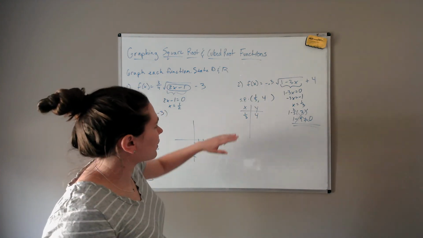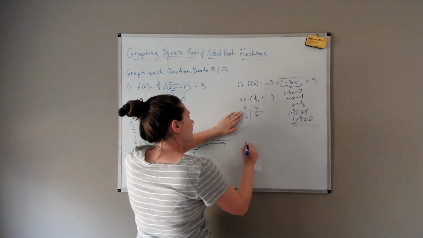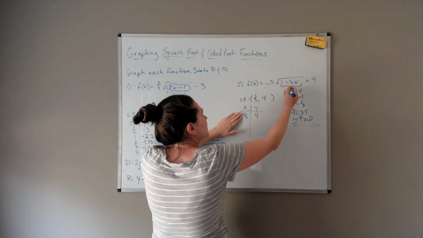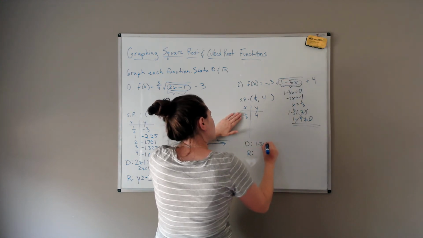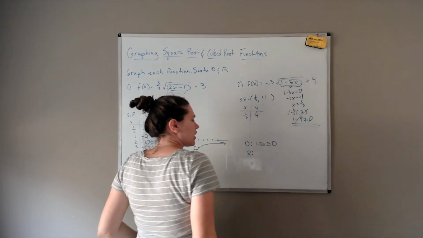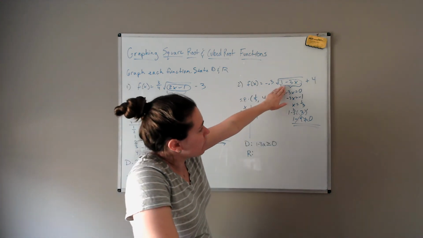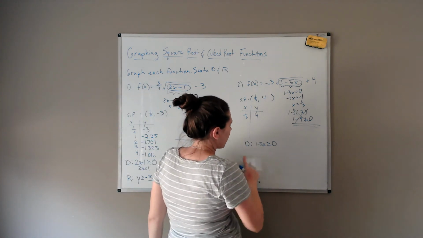But we don't know whether we should be plugging in values that are greater than 1/3 or less than 1/3. So right now is when we should be getting our domain. For our domain, we need to make sure that 1 minus 3x stays greater than or equal to 0. Otherwise, we're going to end up with a value under the radical that's negative. So we have to solve this inequality.